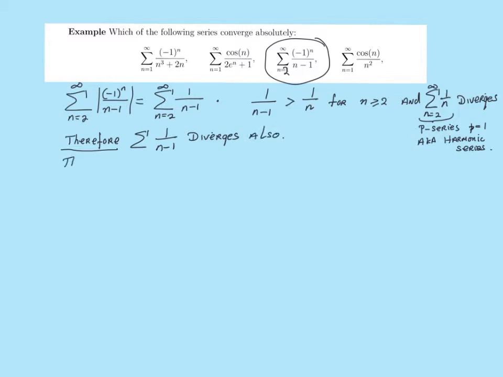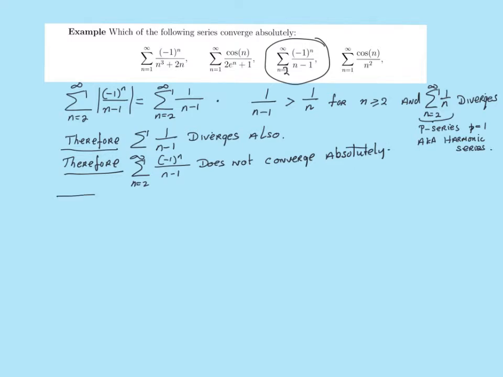And thus we can conclude that the sum from 2 to infinity of minus 1 to the n over n minus 1 does not converge absolutely. It does converge, but the convergence is conditional, and you can see that it converges by the alternating series test.